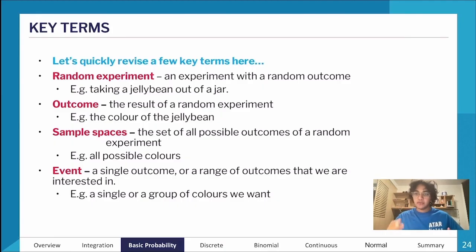For example, if I pull out a green sock, that is an event, right? Also, let's say I'm interested in the probability of pulling out 5 green socks in a row. Pulling out those 5 green socks in a row is also an event.